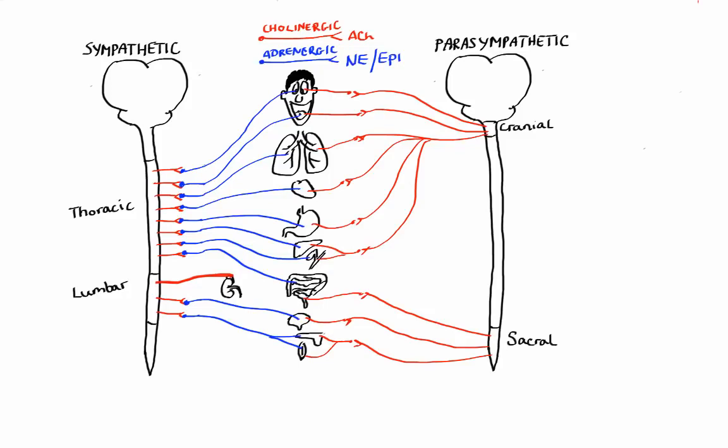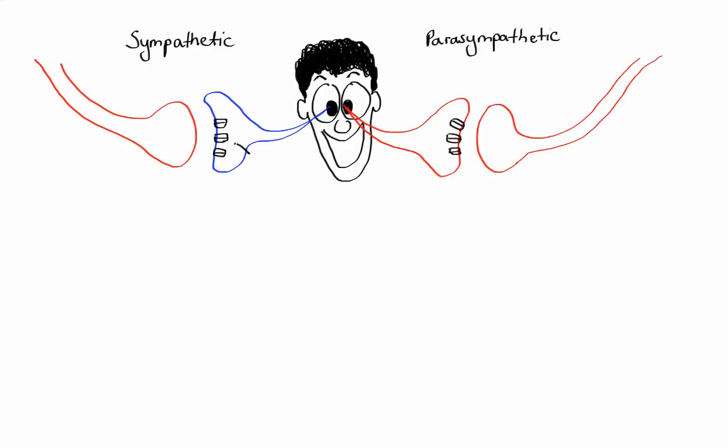Now, I want to briefly talk about the receptors involved in this whole system. So let's zoom in on this synapse from the sympathetic system, and also let's zoom in on this synapse right here from the parasympathetic system. So the receptors on postganglionic neurons within the sympathetic and parasympathetic systems are all nicotinic receptors. Moreover, the receptors in skeletal muscle are also nicotinic.